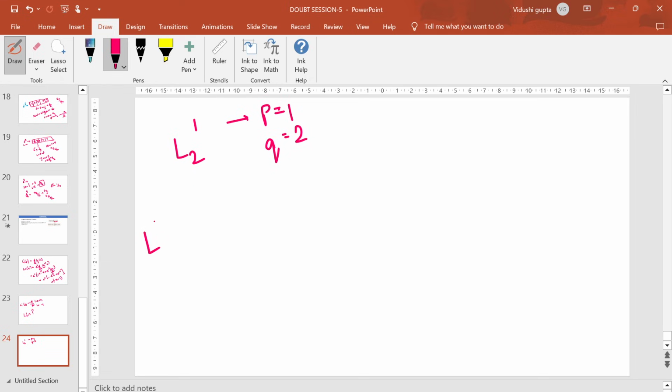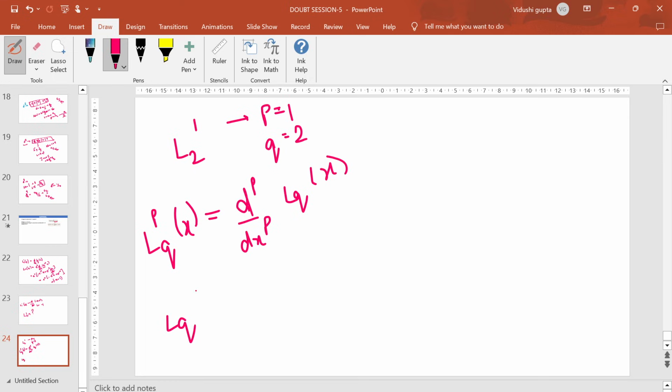Now we know this formula: LPQX is equal to d by dx power P into LQX. So before solving, we should know what is LQX.